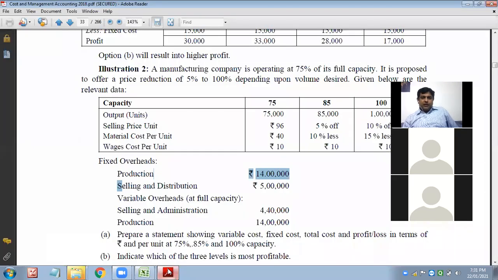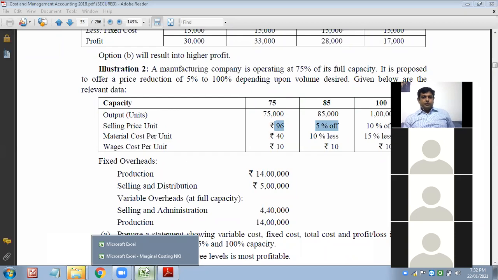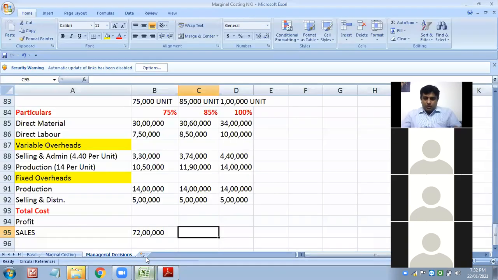Now for 85% it is 5% off. 5% of 96 is 4.8, so just deduct it. 96 minus 4.8 is 91.2. 91.2 into 85,000 is 77 lakh 52,000.